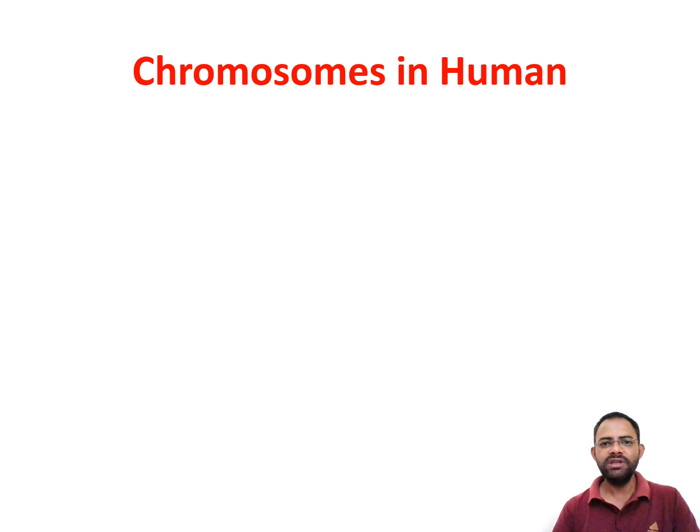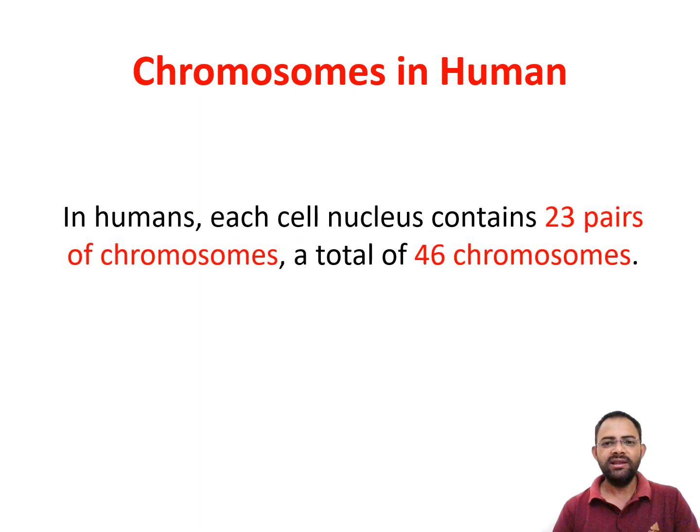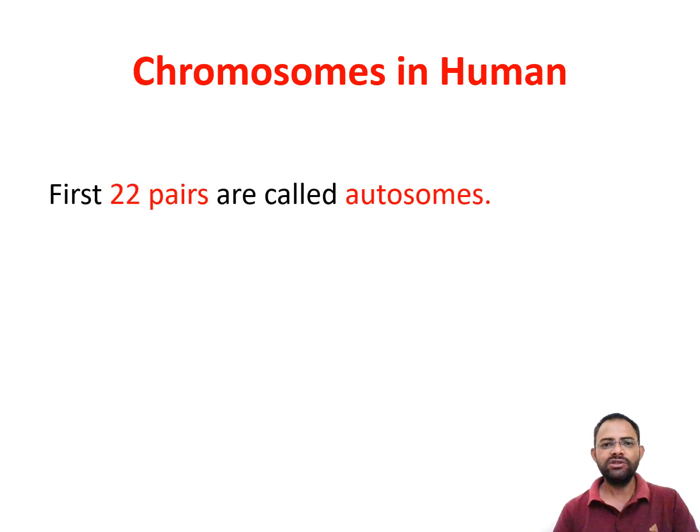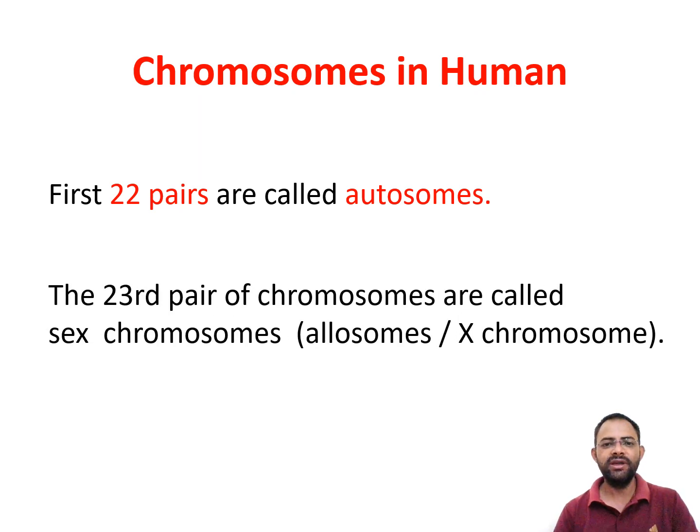Now, the human cell nucleus contains 23 pairs of chromosomes, a total of 46 chromosomes. The first 22 pairs are called autosomes, and the 23rd pair of chromosomes are known as the sex chromosomes. They are also called allosomes, or X and Y chromosomes. Autosomes are chromosomes other than the sex chromosomes. They do not determine the sex of an individual and don't show sex linkages.